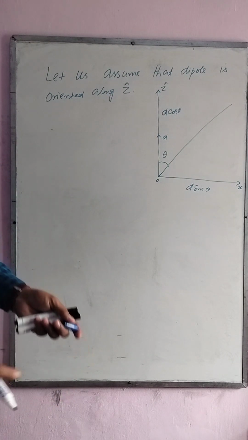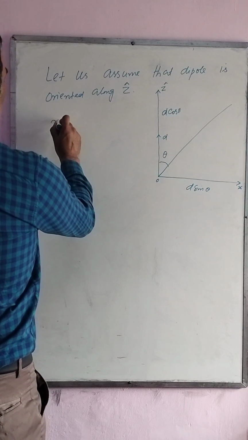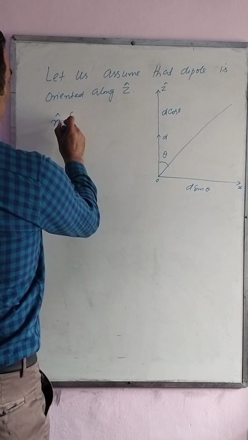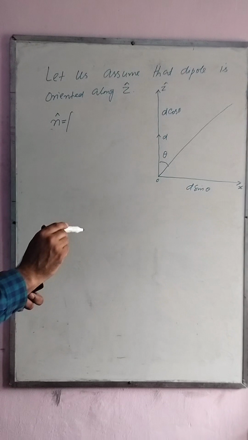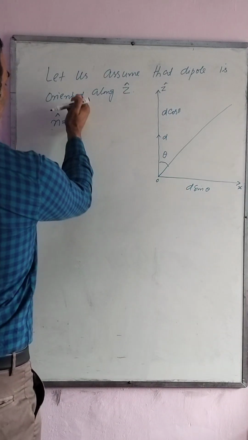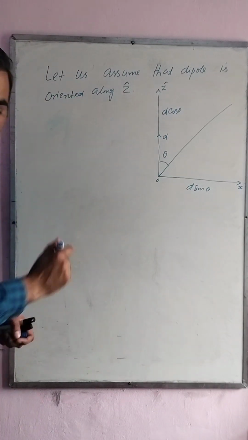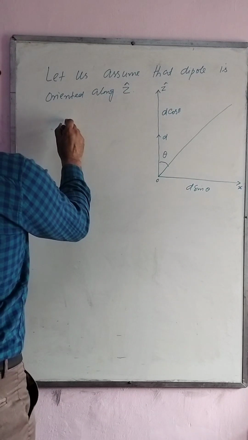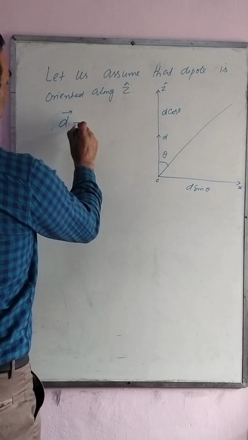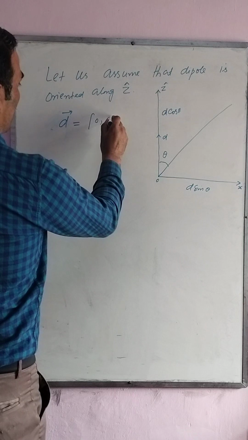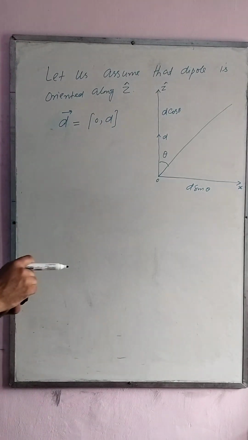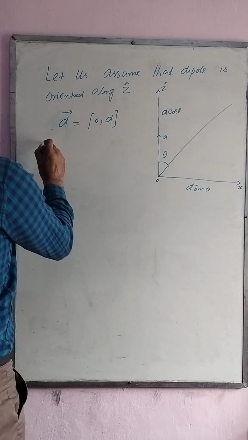Okay, so then this n cap will be equal to, or you can write first that this d will be equal to, so the components of this dipole will be 0 comma d. Okay, or you can write this as also this unit vector.